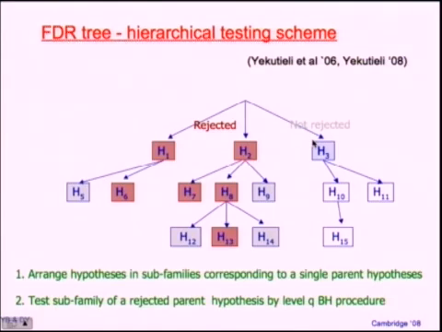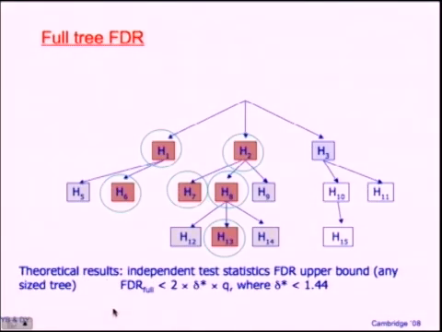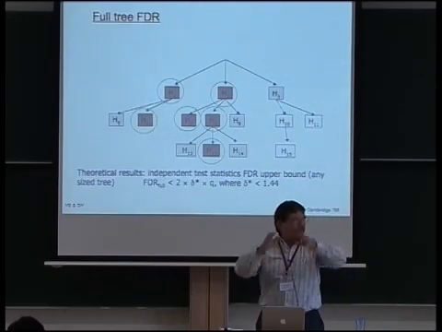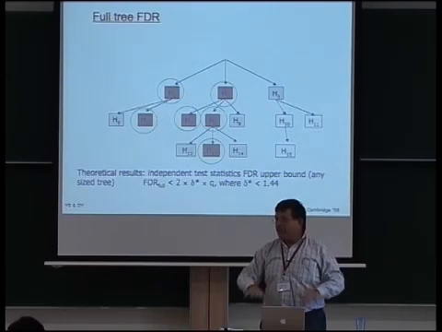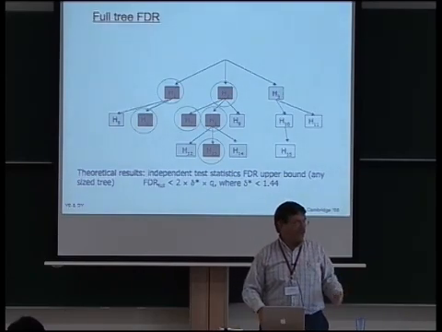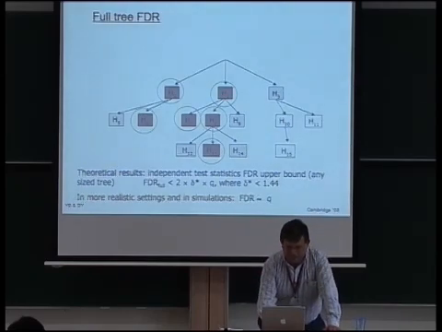So the idea is to go on down the tree, and interestingly, for this full tree there is a theoretical result that if the test statistics are independent, the FDR upper bound is 2 times delta times Q, where delta is 1.44 in theory, but again much smaller in practice. So your FDR level is inflated by at most a factor of 2 when combining a large study like that, and there is no limitation on the number of levels in this statement. So you can continue this way.